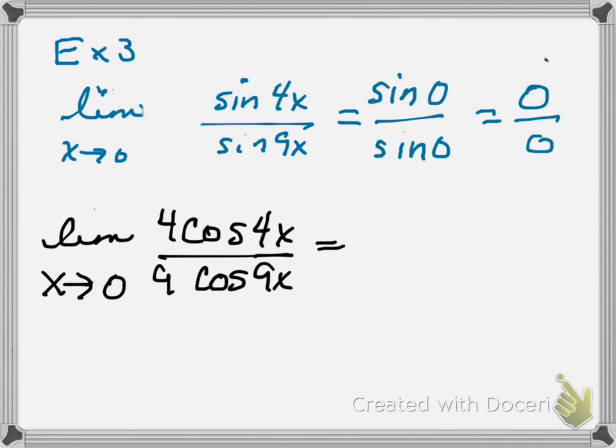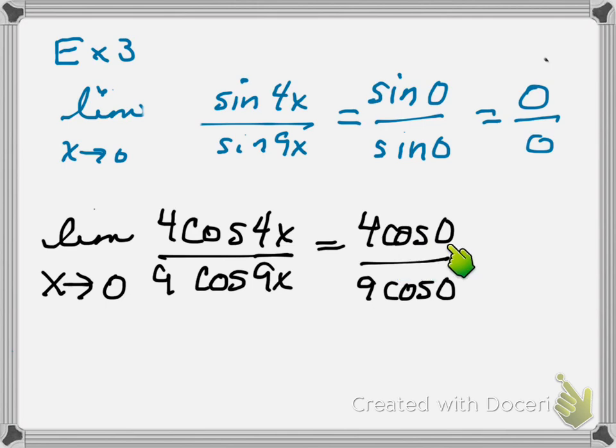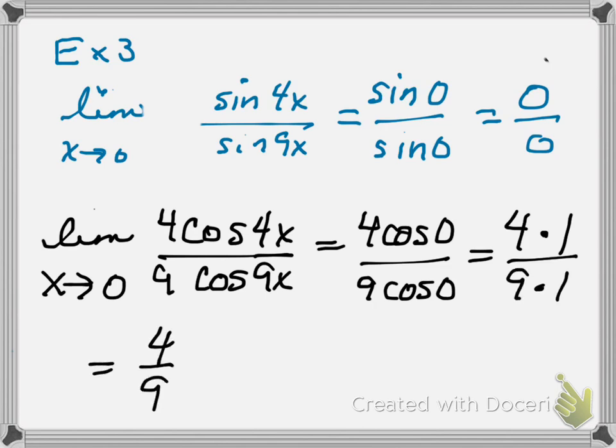And so now when I plug in the 0, I get 4 times the cosine of 0 over 9 times the cosine of 0. And the cosine of 0 means, what's the x value when you're at 0 degrees or 0 radians? Well, the x value at 0 is a 1. So I end up with 4 times 1 and 9 times 1, which is simply 4 9ths. Same thing we got doing it the old way, but the algebra is a little easier.